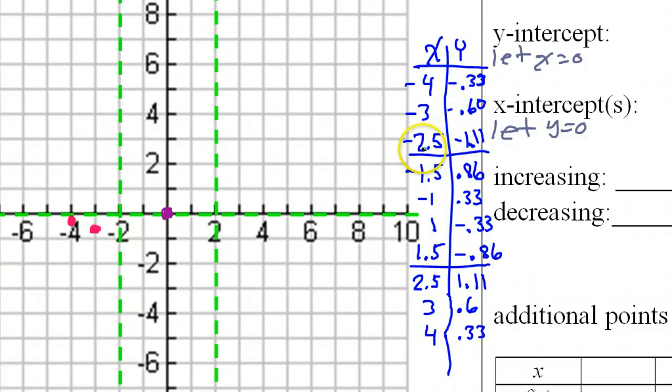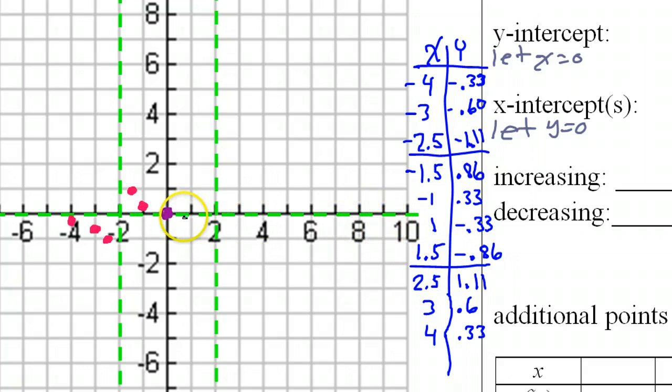At negative 2.5, I'm at negative 1.1, just barely lower than negative 1. At negative 1.5, I'm at positive 0.86, almost 1, but not quite. At negative 1, I'm at 0.33, that's 1/3, so it's about here.